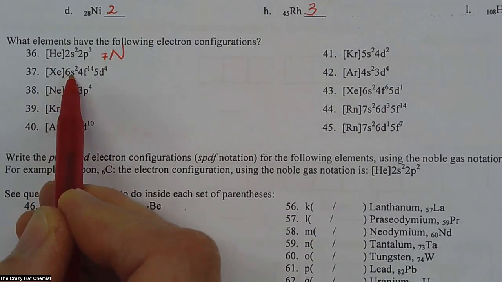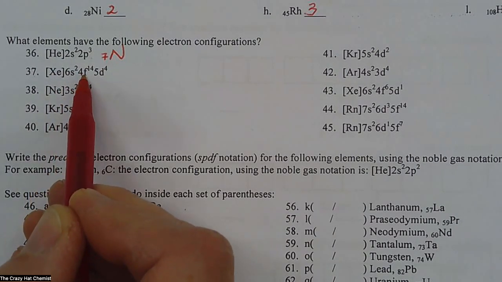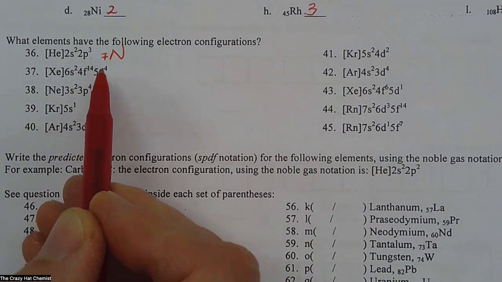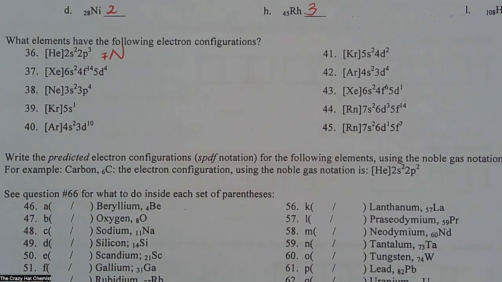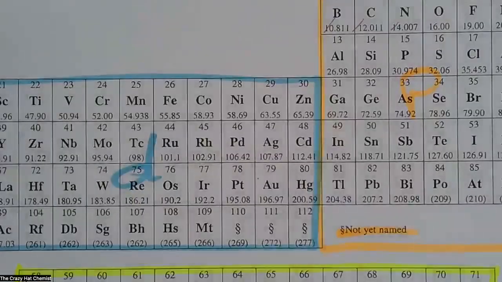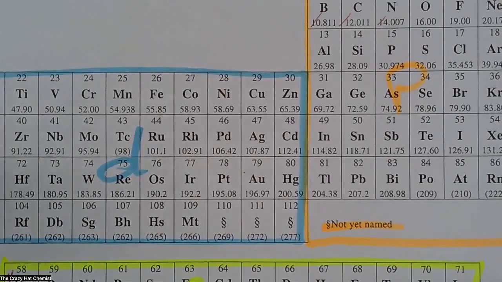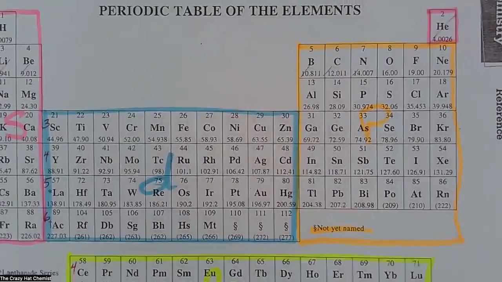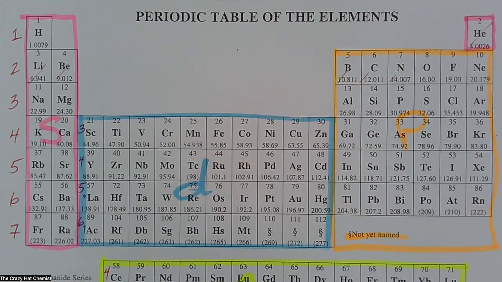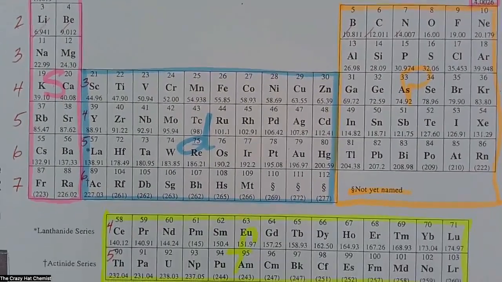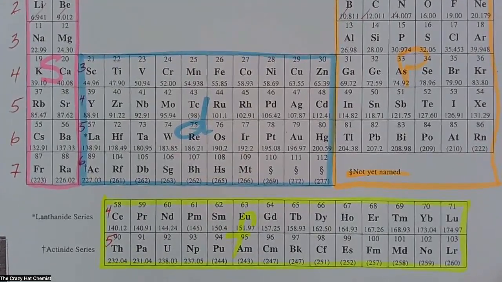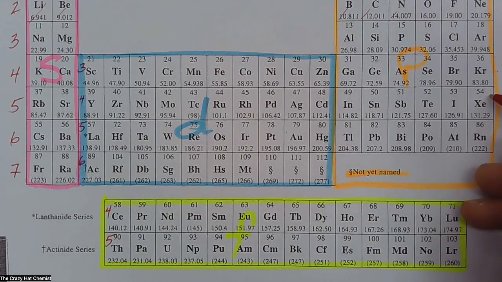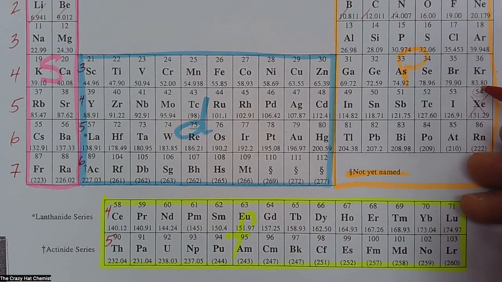Our next one is number 37. That's xenon 6s2, 4f14, and 5d4. Let's see if we can find that element here. I have xenon, that's element number 54.